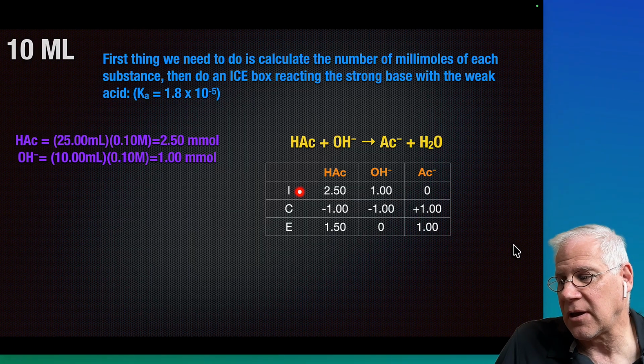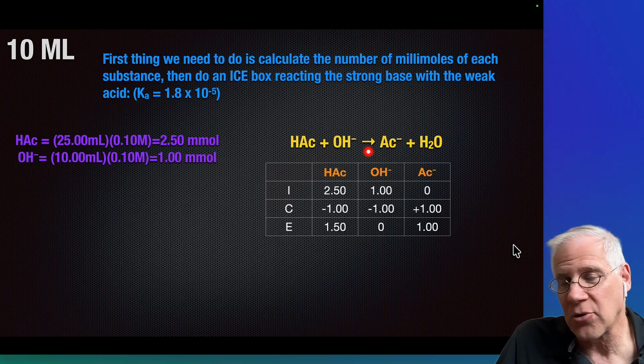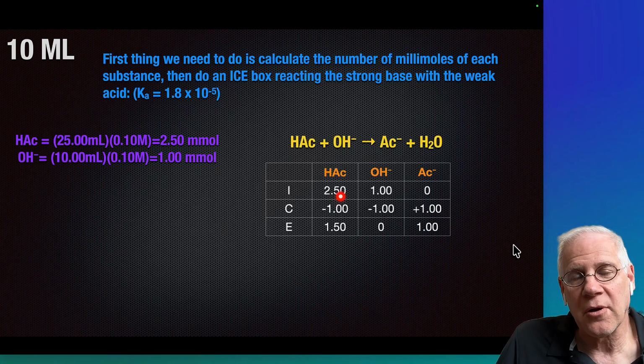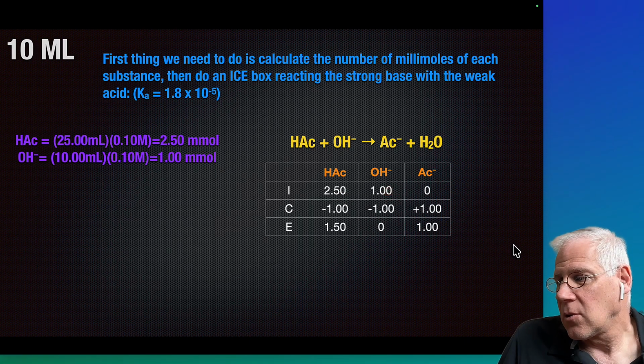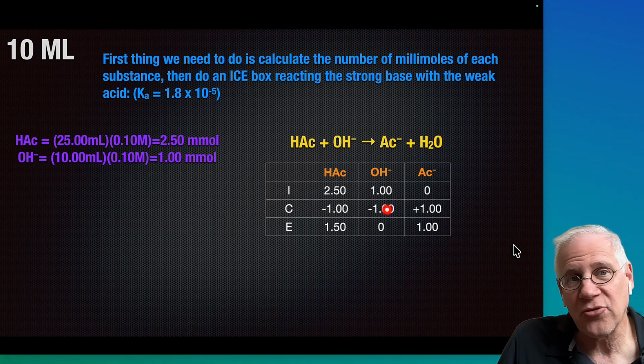And again, anytime you have a strong acid or base reacting, it's going to be initial, change, and end, as opposed to equilibrium. We have no equilibrium here. Notice the arrow. So we have 2.5 millimoles of the acetic acid. We have 1 millimole of our base. We have no acetate to start. We know that it's going to change by 1 because we know how much base we have and all of it's going to react.